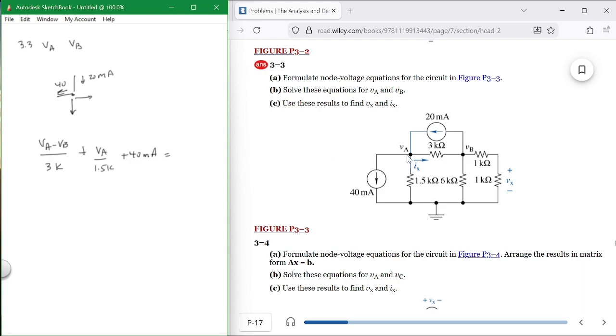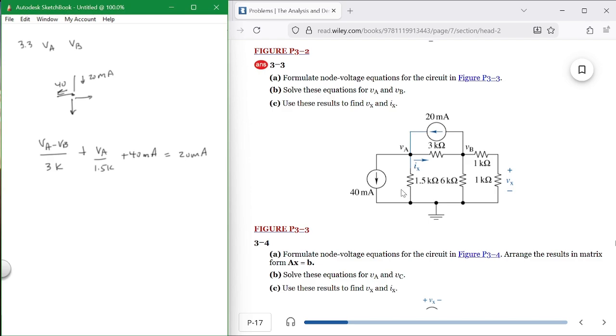Now the current going out has got to equal the current coming in, right? Equal to 20 milliamps. Any questions about that one? VA minus VB over 3K plus VA minus 0 over 1.5K. So current going this way, current going this way, current going this way is equal to the current coming in. Or you could have written it the other way. You could have said the current coming in is equal to the current going out. That's what that is. Any questions?